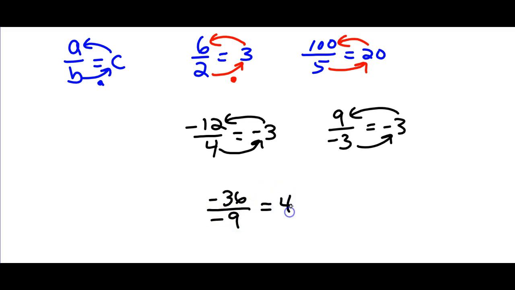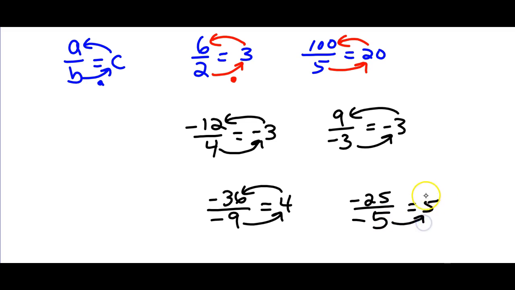That equals a positive 4. Why? Because negative 9 times positive 4 equals a negative 36. If I had negative 25 divided by negative 5, that equals positive 5. Why? Because negative 5 times a positive 5 gives me that negative 25 right there.